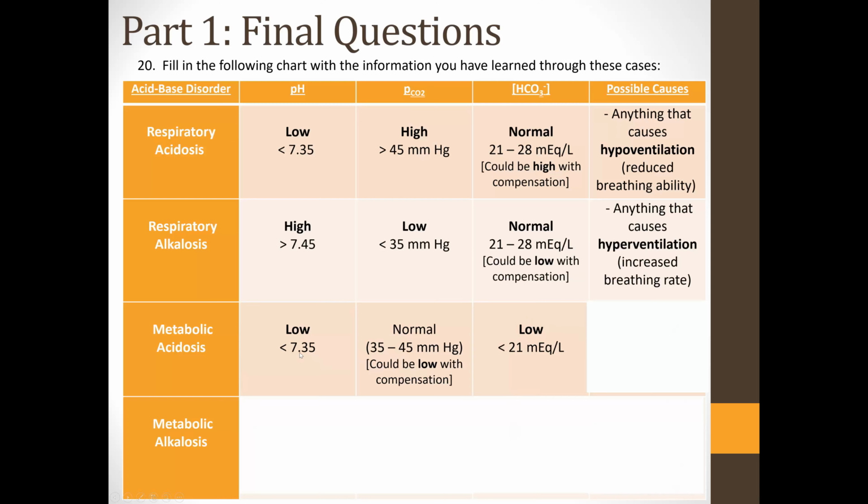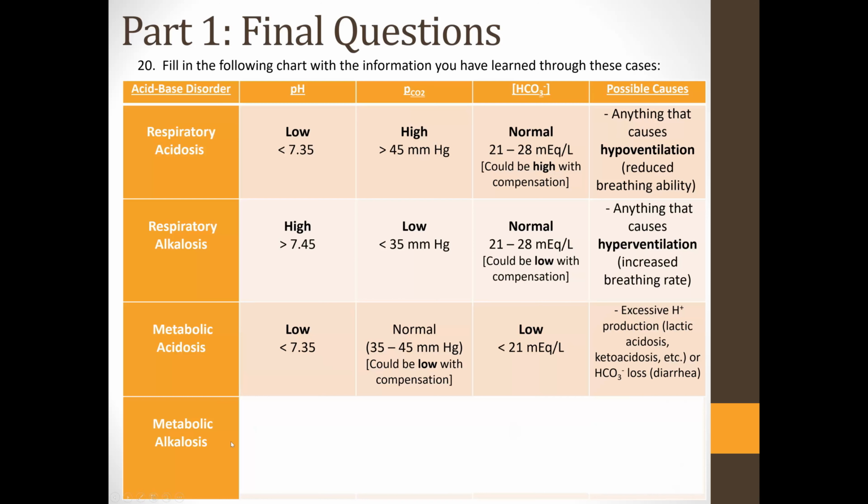This is what I was telling you earlier, that in the metabolic conditions, you have an equal move in the same direction. So pH is low, bicarbonate would be low. Possible causes of metabolic acidosis is anything that causes excessive hydrogen ion production, like lactic acidosis, ketoacidosis, etc., or anything that would cause bicarbonate loss, like diarrhea.